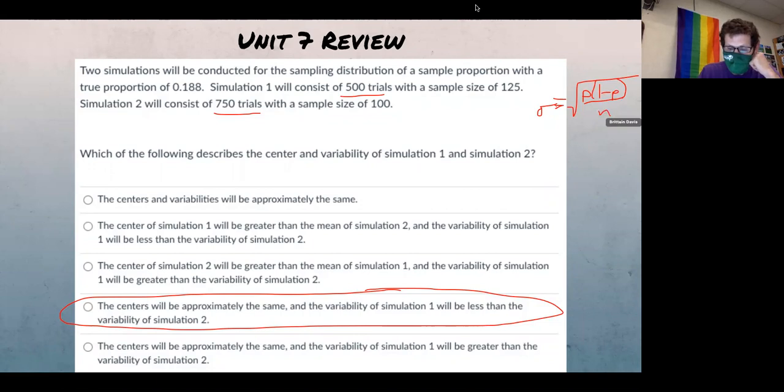So as your sample size goes up, your standard deviation goes down. So 125 is higher than 100, and therefore simulation 1 is going to have less variability. And that's what we're getting at here. But the centers will not really change. They shouldn't change.